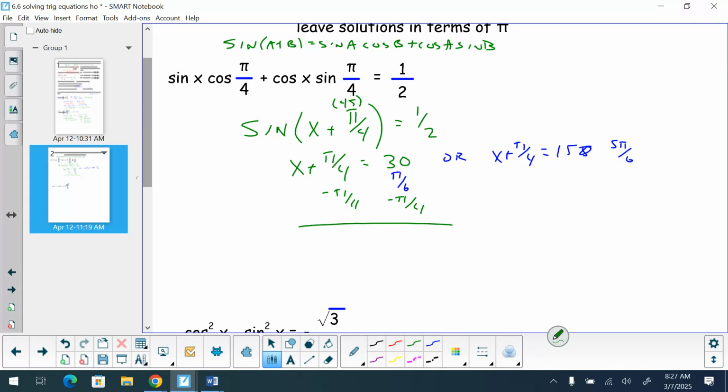Once again, you could do this either way. We have pi over 6. We have to subtract off pi over 4. We can get a common denominator of 12. So this would be 2 pi over 12, and this would be 3 pi over 12, multiplying top and bottom by 2 and by 3.